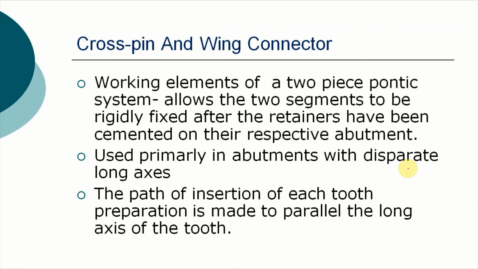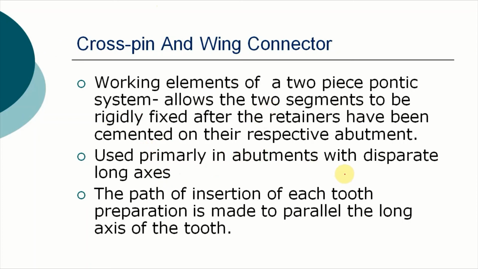Then comes the third type of non-rigid connector. It is a cross pin and wing connector. In this, there is a two-piece pontic system, and it allows two segments to be rigidly fixed after the retainers have been cemented on the respective abutments. It is primarily used in abutments with disparate long axes.